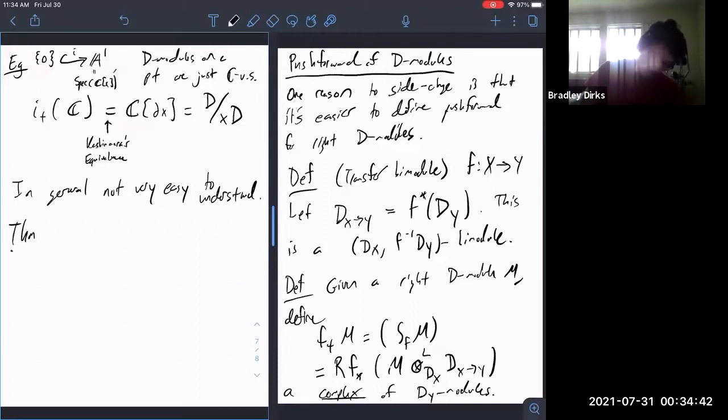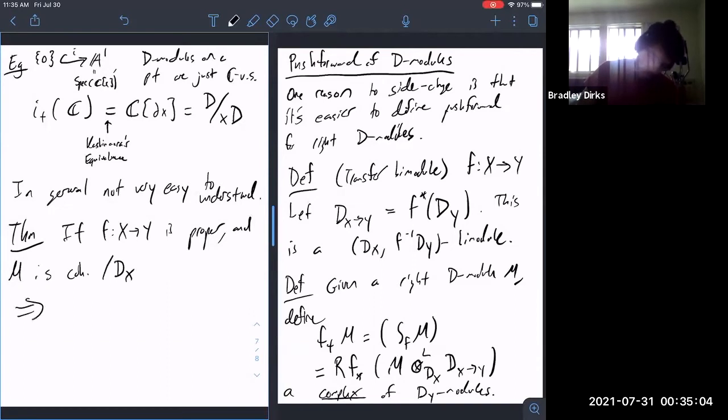And the main theorem we're going to need is, so if f from X to Y is proper, which is some condition that closed sets map to closed sets and some other things, and M is coherent over D_X, then all of the cohomologies of this object in the derived category are, well, I should say coherent over D_Y.